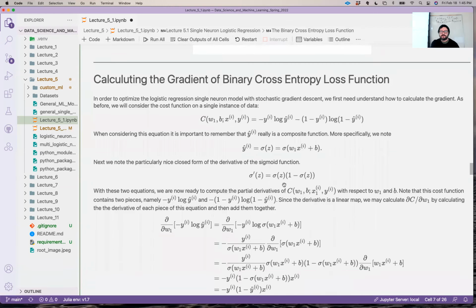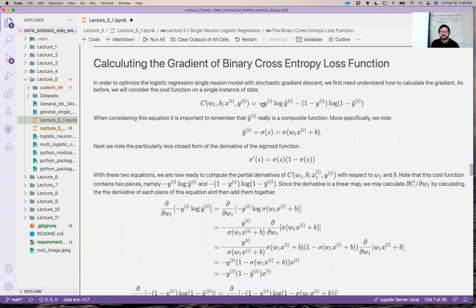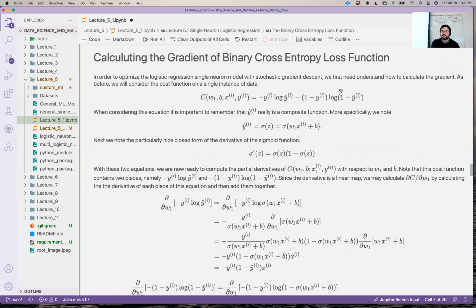So now we have these two equations, we can get started. So here's our cost function right here. There's two pieces to it, right? There's this first piece and this second piece. Now, to keep things clean, I'm going to take the derivative with respect to W1 on the first piece here, and then take the derivative with respect to W1 on the second piece.